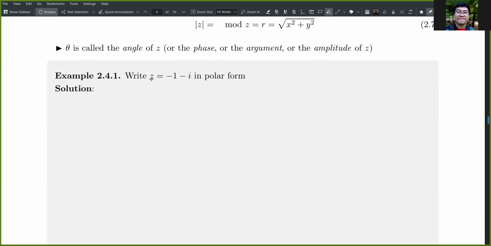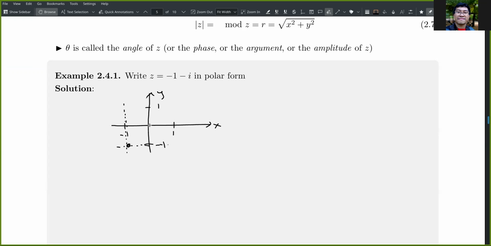Now let's write z equals minus 1 minus i in polar form. Before writing it in polar form, you can look at the plot. Suppose this is our x and y axis. This is minus 1, this is 1, and minus 1. So minus 1 minus i has a real part minus 1, over here, and imaginary part minus i.